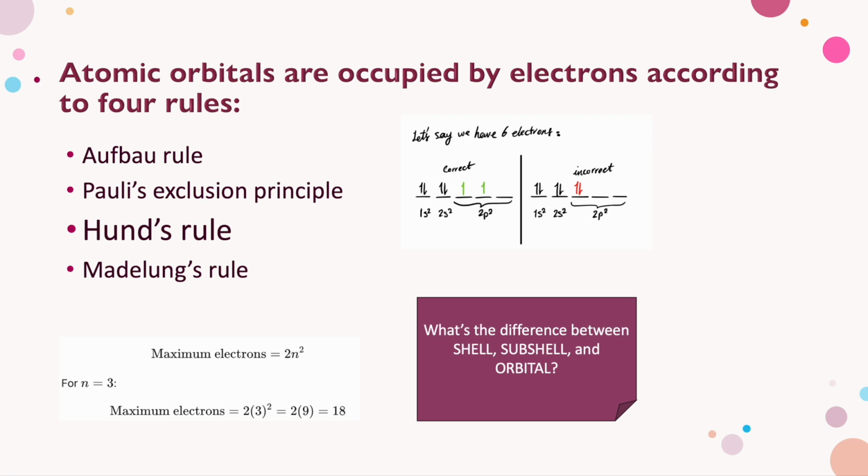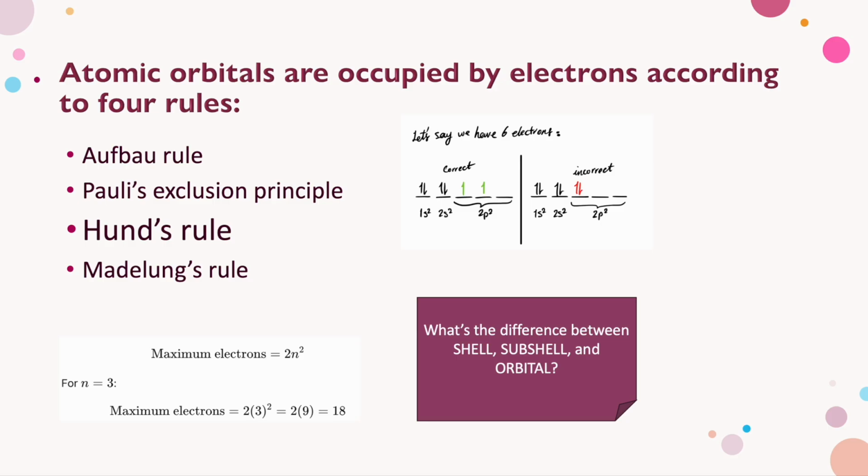Well, let me give you another example. For example, subshell 2p. The shell or energy level for this subshell is 2, so it has second energy level. Its azimuthal quantum number, or L, is p, basically L equals 1.